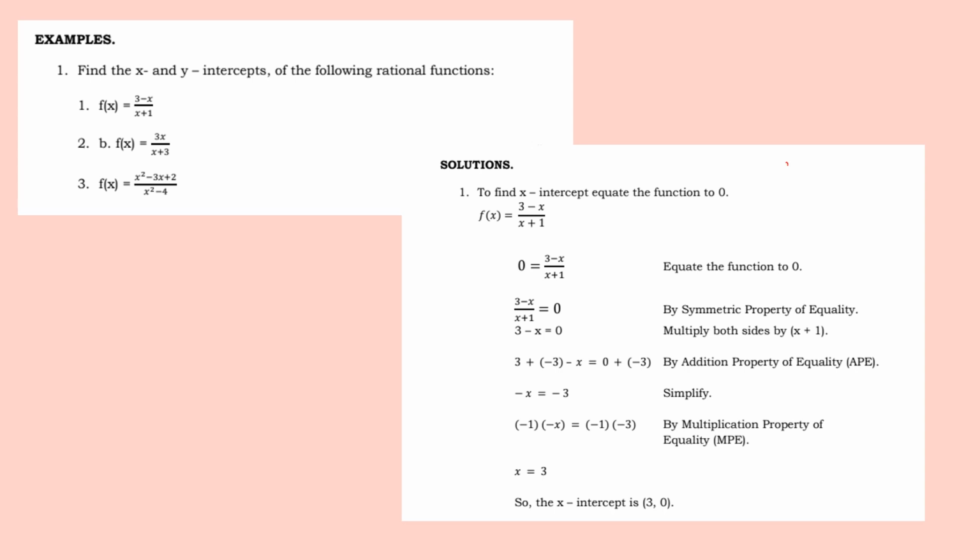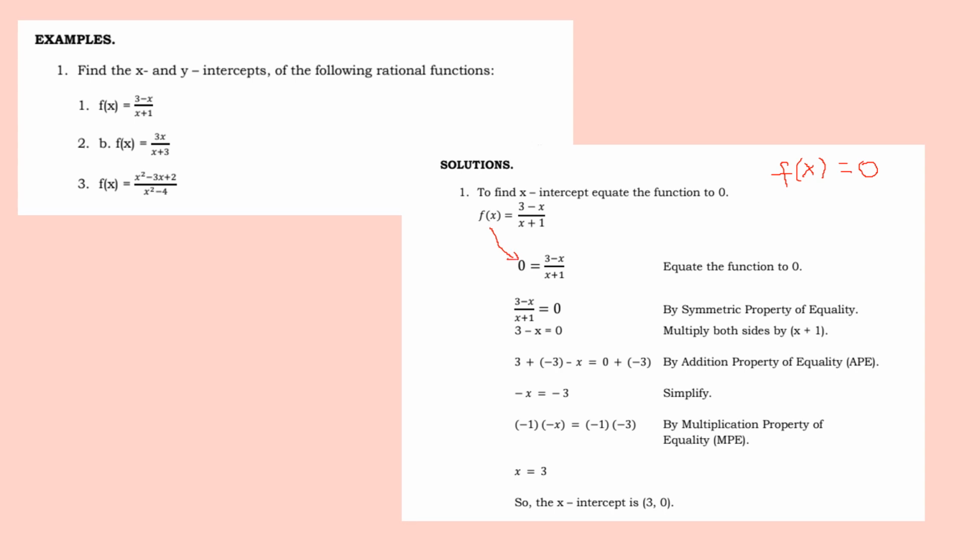So isa-set mo dito, let f of x equal to 0 para maliwanag tayo. Ngayon, dahil in-equate natin sa f of x na equal kay 0, so yung f of x doon ay magiging 0. Eto na siya. And then, remain lang yung ating given sa kanan.